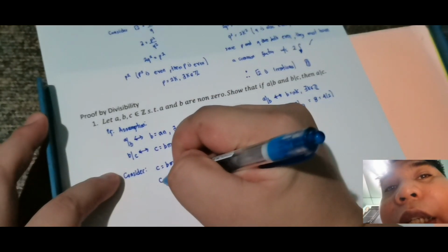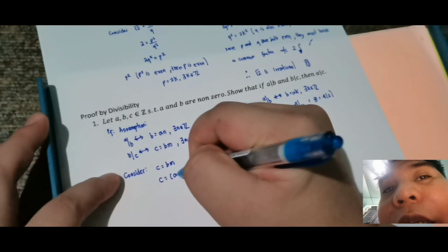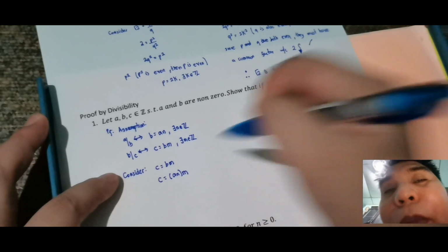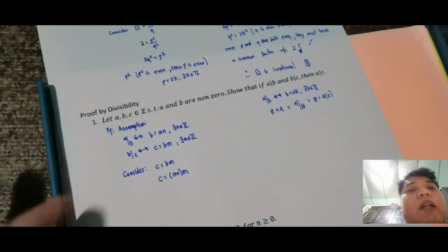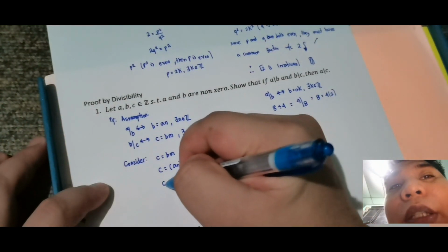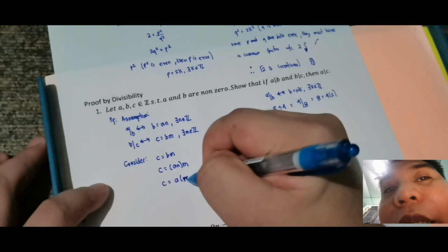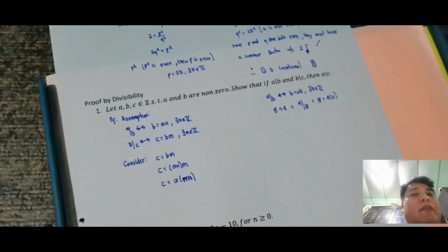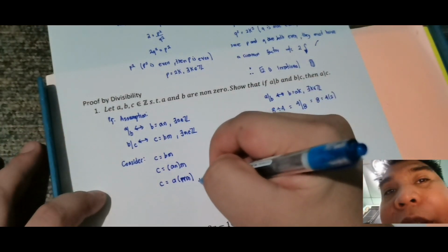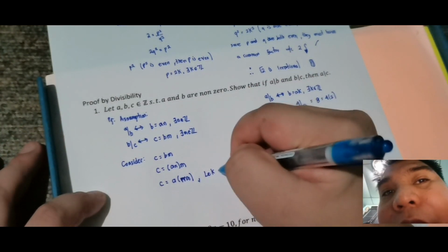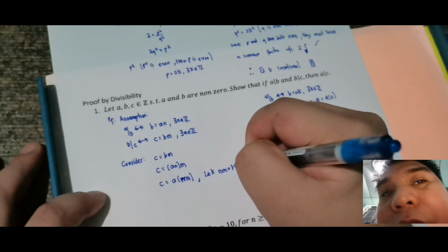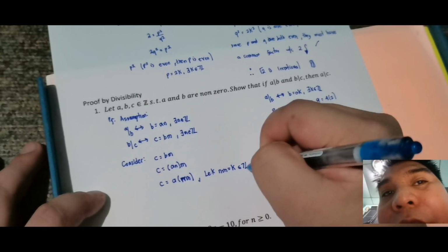C is equal to AN times M. Then associative lang konti: C is equal to A times NM. Then ililet ko lang na NM is equal to K, element of integers.